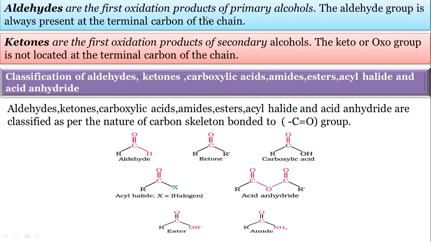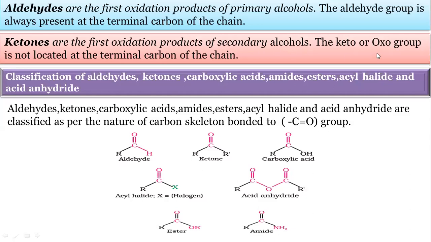Now I am coming to the definition of aldehydes. As we know from the chapter alcohols, phenols and ethers, which I explained there, aldehydes are the first oxidation products of primary alcohols. Means when primary alcohols are oxidized, we get aldehydes as products. Ketones are the first oxidation products of secondary alcohols.